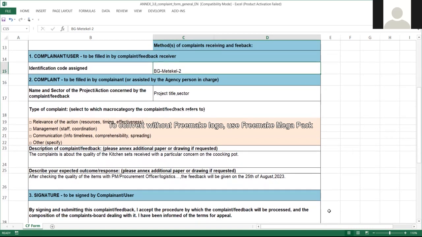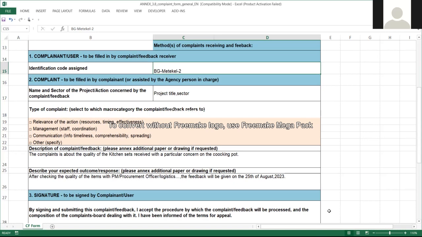Then type of complaint, select to which macro category the complaint or feedback refers to. There are some lists around, as you can see, from row 19 to 22. There are lists like relevance of the action, resource timing, effectiveness. Is it about management, how we manage the delivery of our activities, or miscommunications, or timeliness, for example.